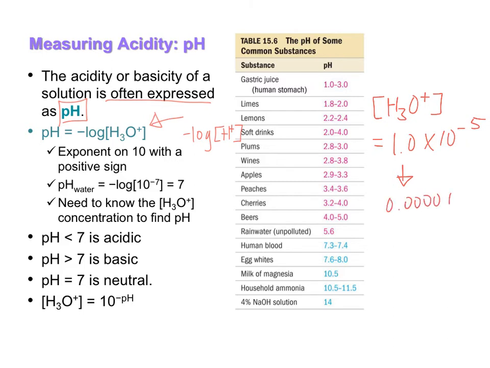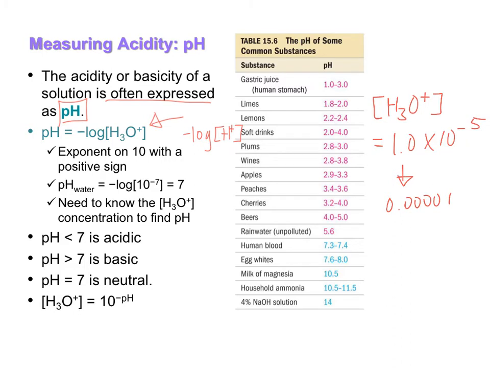So it's a tiny number, and honestly, we don't really understand how tiny that is. Our human brain can't really visualize how small that is. So what we do is we take the log of it.